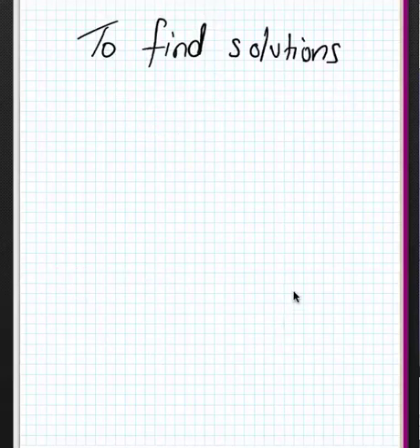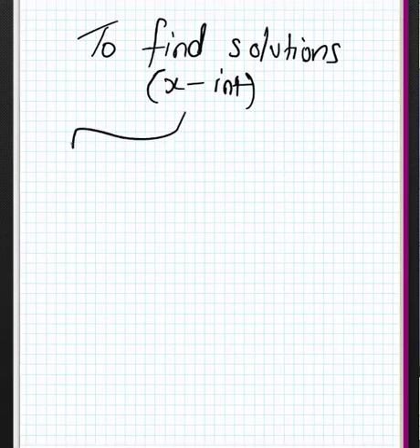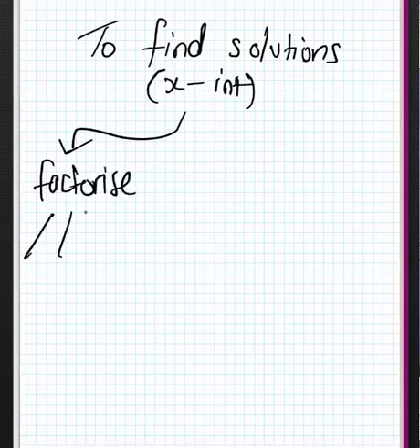So to quickly summarize this session, to find solutions, and we know solutions means x-intercepts, for a quadratic equation, we know the types of solutions we can have. The methods you can use, well, the two avenues, you can either factorize, and when it comes to factorizing, you know all of those other methods depending on what type of equation you have, or the other option is to use the quadratic formula.